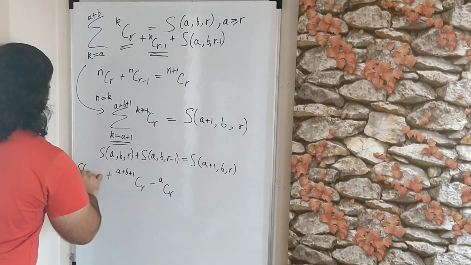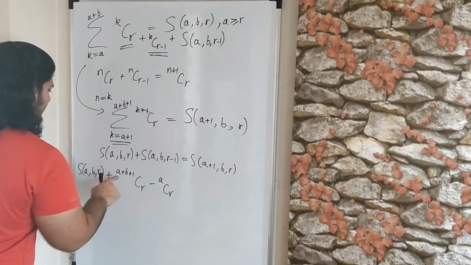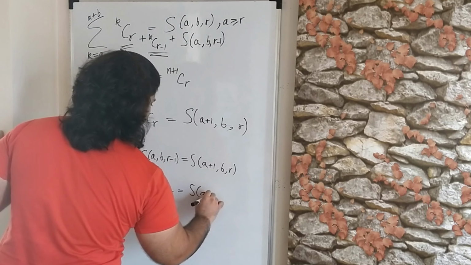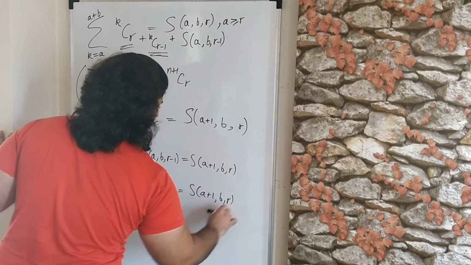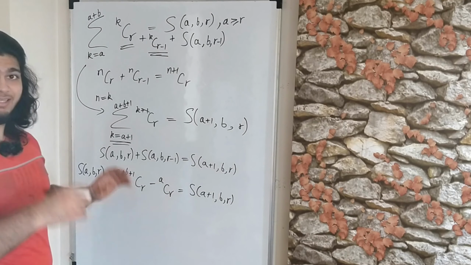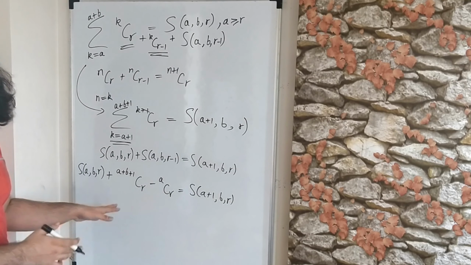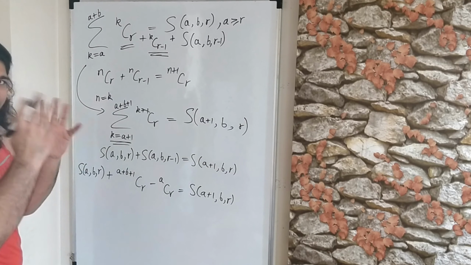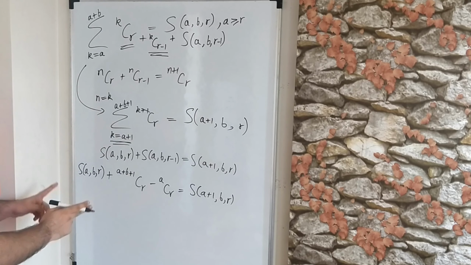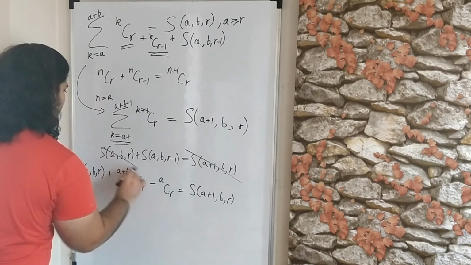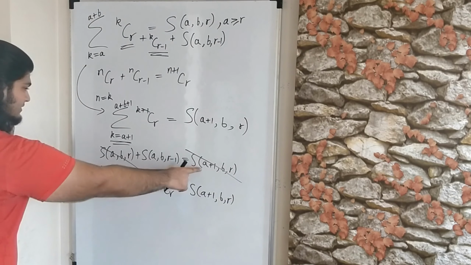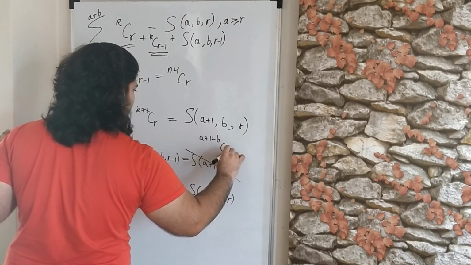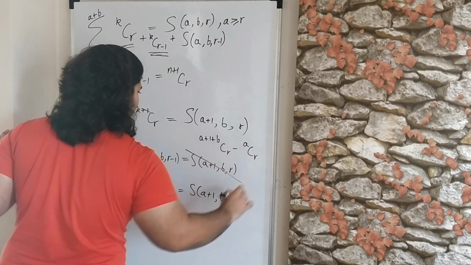If you take s of a, b, r and you do this manipulation to it, you will end up with s of a plus 1, b, r, because s of a plus 1, b, r is actually the same sum as s of a, b, r, except with a few terms here and there. So those are the terms which are here and there. And now that we've done that, notice that we can cancel these out, and what will remain on this side is a plus 1 plus b Cr minus aCr.